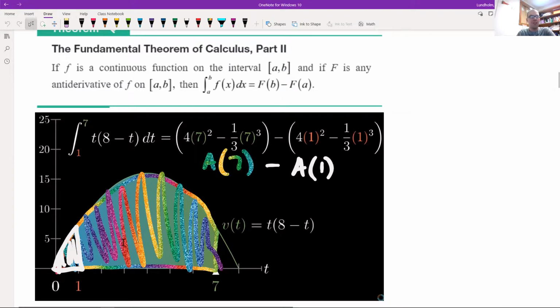The difference of those two areas gives us the area that we want. And this, from now on, is going to be how we do integrals. We're going to use this fundamental theorem throughout all of calculus, all the rest of this class, all of calculus 2, all of calculus 3. This is just going to be the way that we do it.